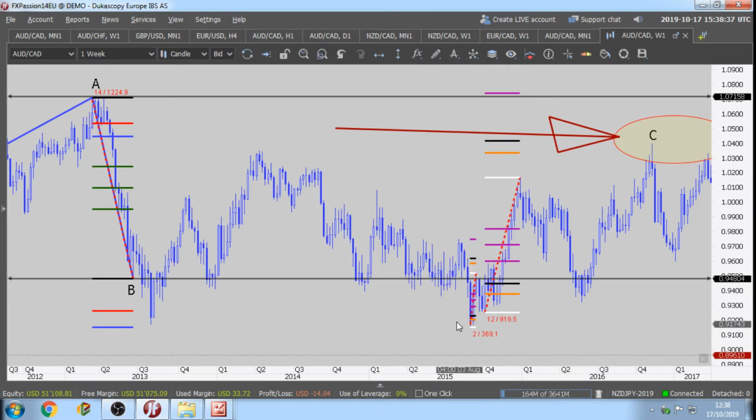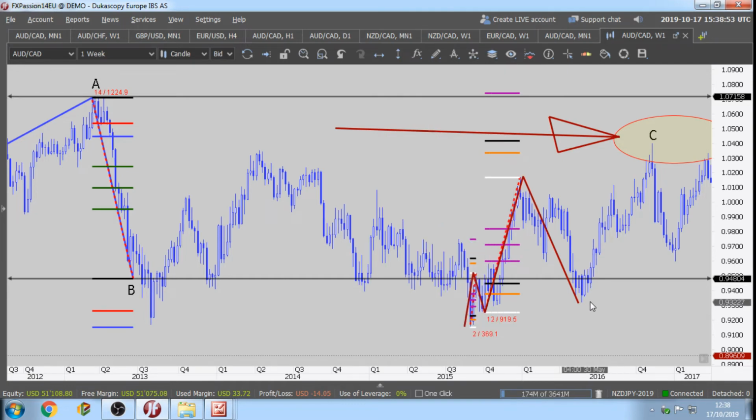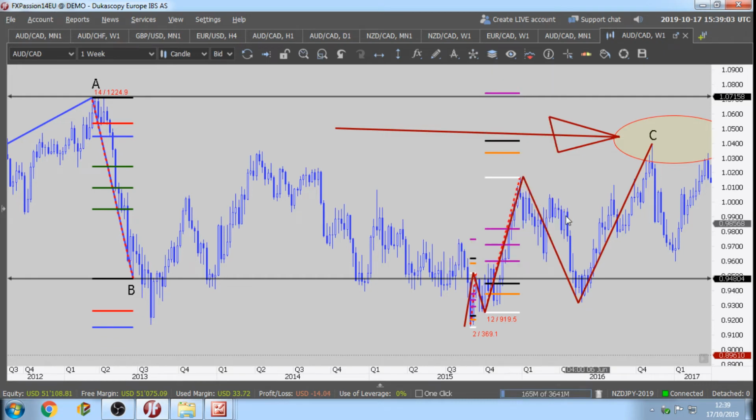Because A to B, B to C, C to D, A to B, B to C, like here. Where is the projected D extension? Right? A to B. There you go. So we have another confirmed, yes sir.